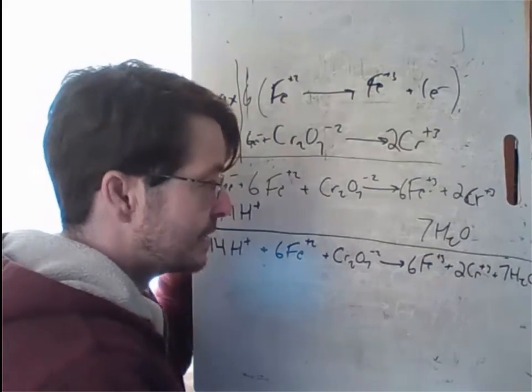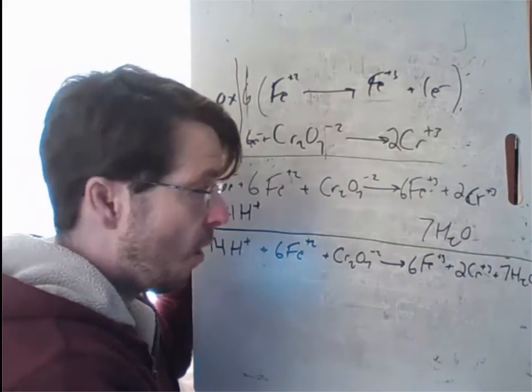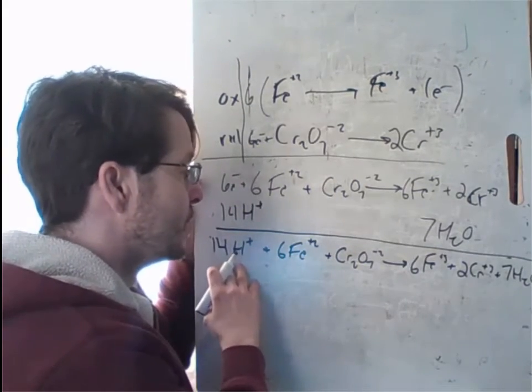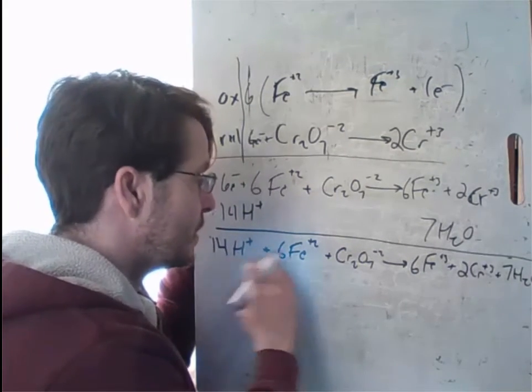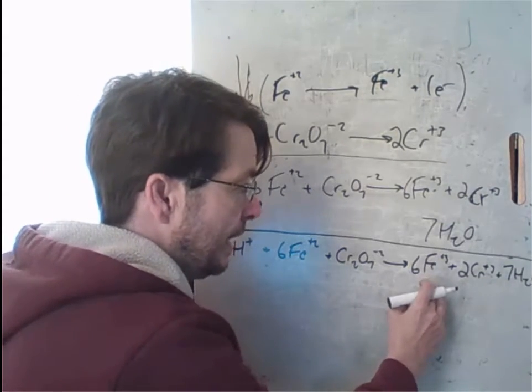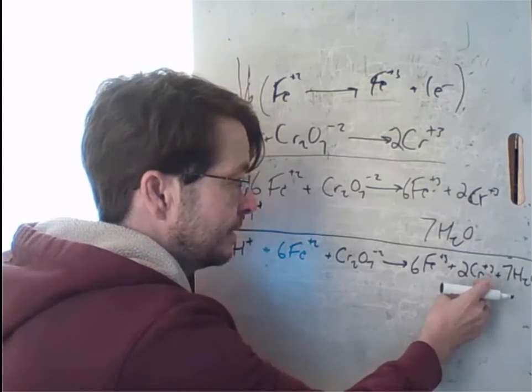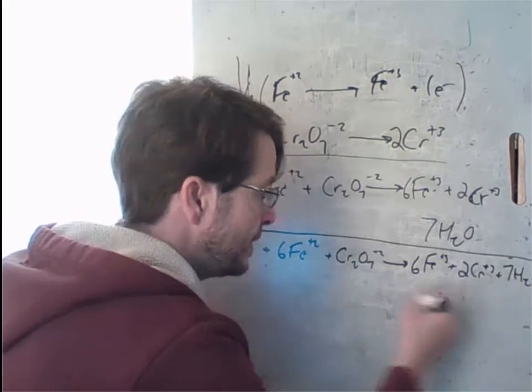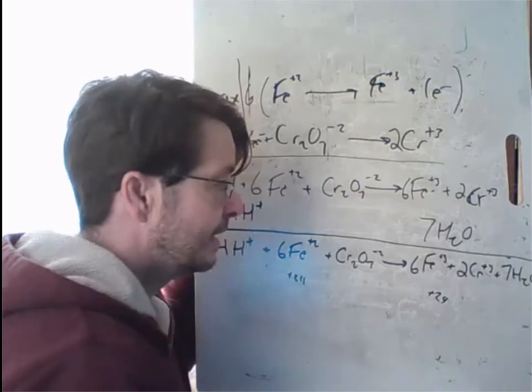And it is balanced with respect to all the elements present. Notice here the charge is 14 and 12, 26, 24, and 18, and 6 is 24. So it's plus 24 on this side and plus 24 on that side.